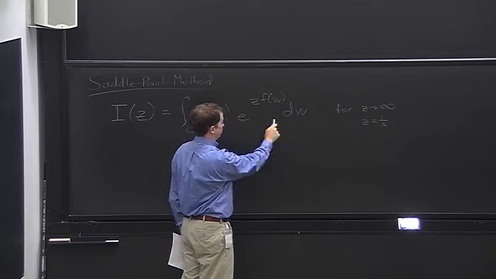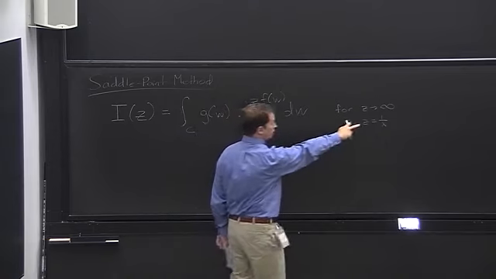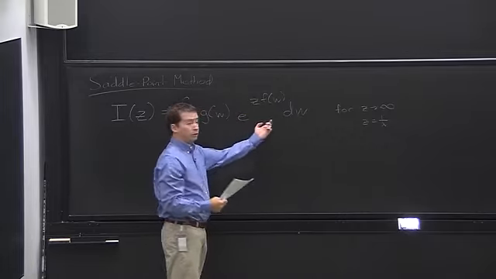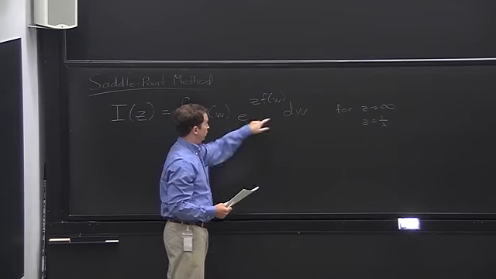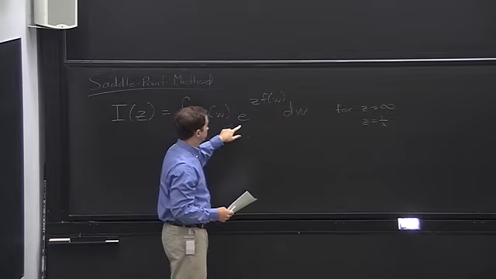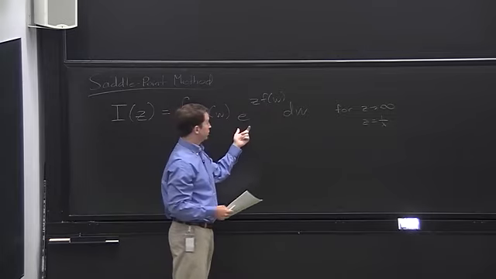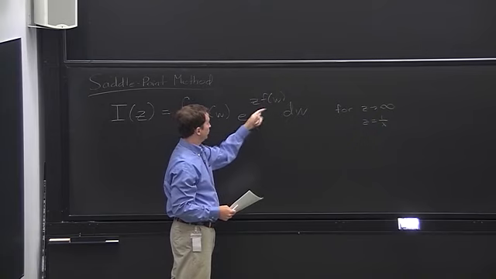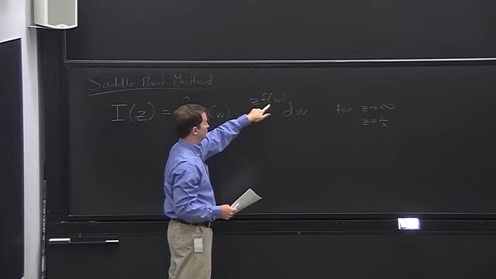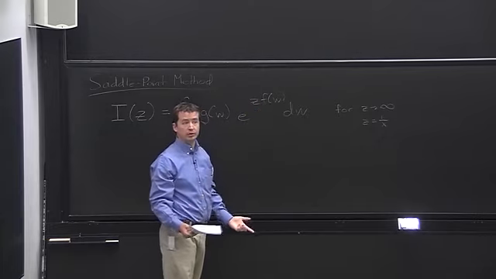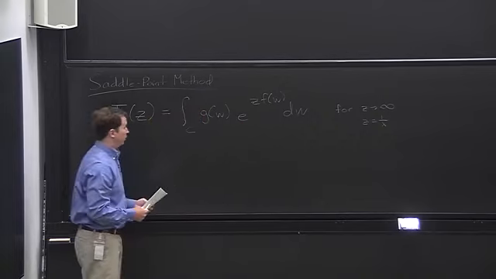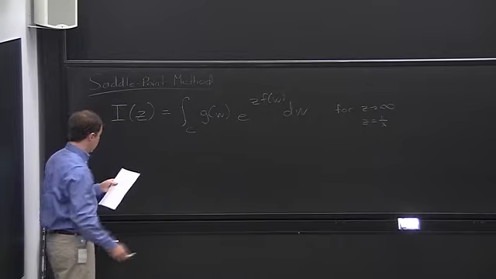But basically what we said was that when our parameter became large, this integral was dominated by contributions near where f is maximized. So where the integrand is large, if f changes by a little bit, if z is large, then the relative contribution a small distance away from where f is maximized will be negligible. So we only need to consider a small region around where the integrand is maximized.